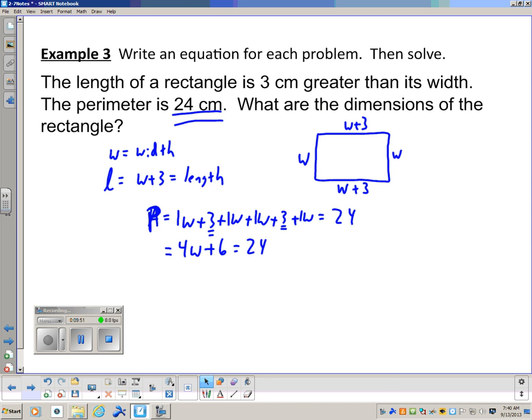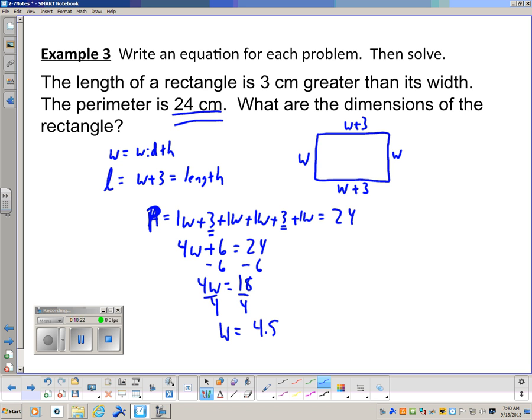And now I can just simply solve this. I can get rid of the 6. And I get 4W equals 18 there. And then we can continue to solve this and go ahead and divide both sides here by 4. And when I end up doing that, I'm just going to take 18 divided by 4 there, and I end up getting 4.5.